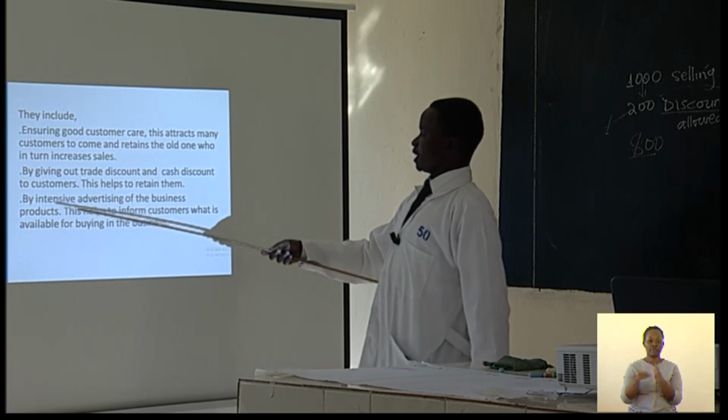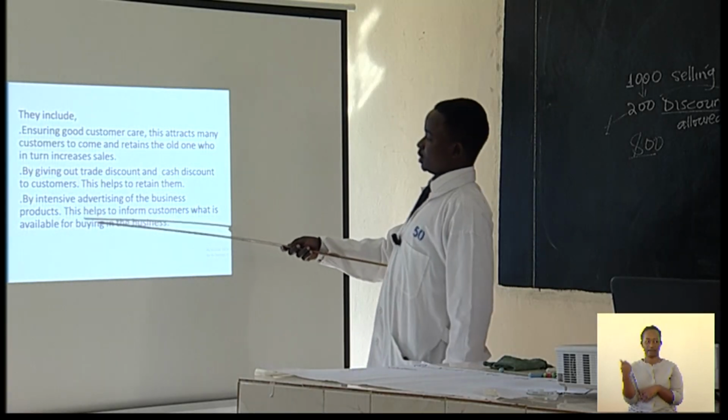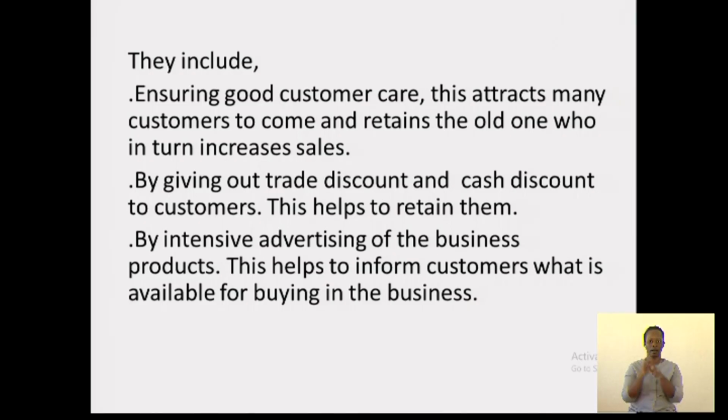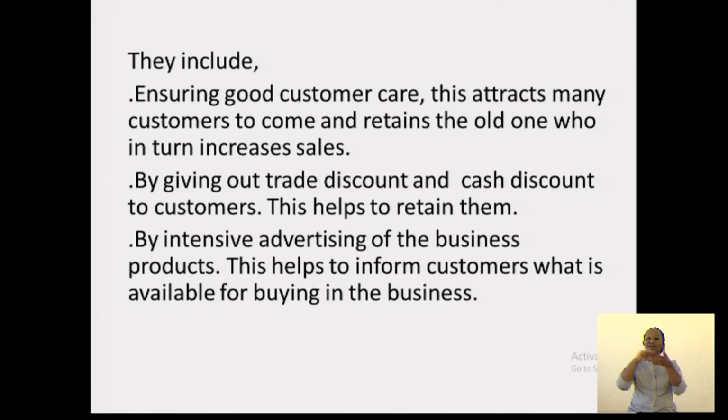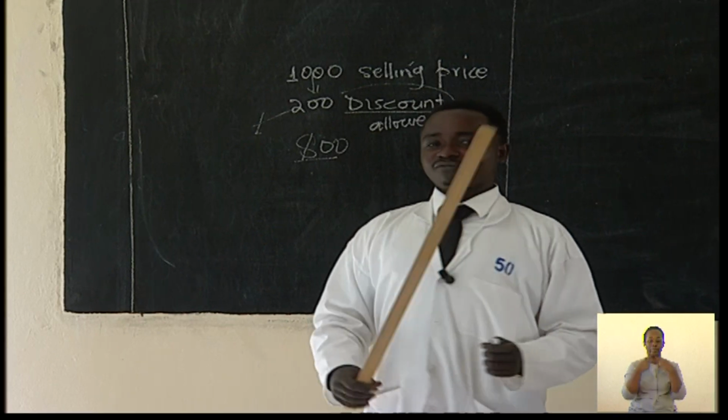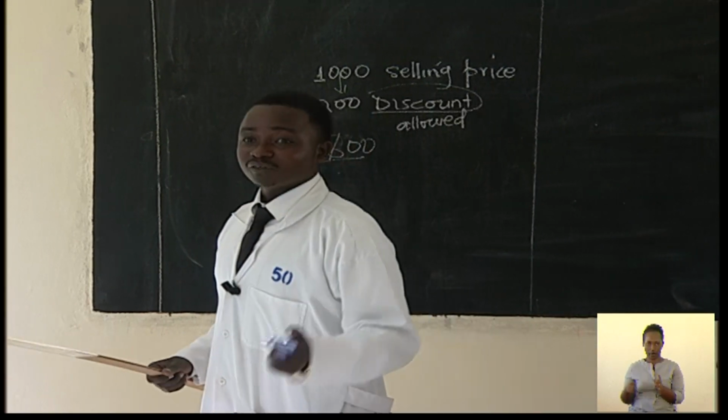Then we have another internal strategy: intensive advertising of the business products. What is advertising? Advertising is a process of creating awareness to the public about what is available for selling in the business. Remember we have informative advertising and persuasive advertising.